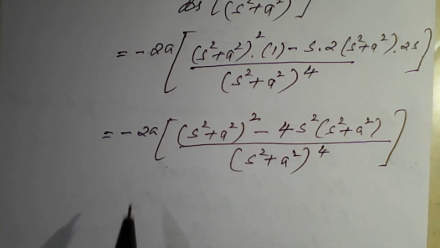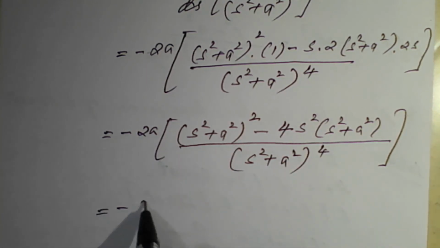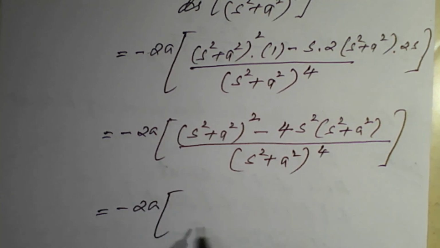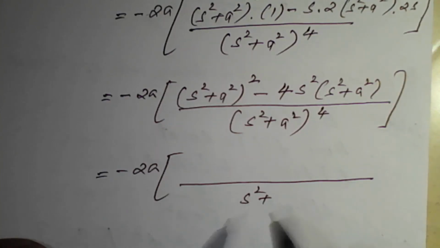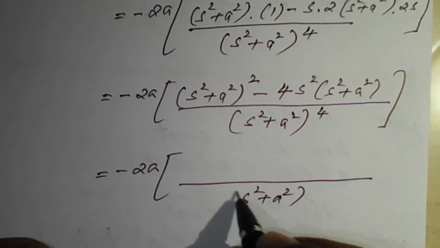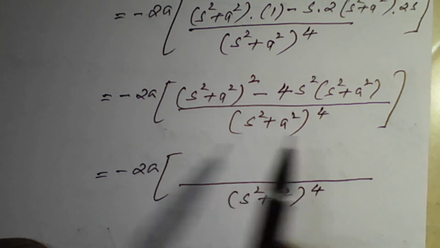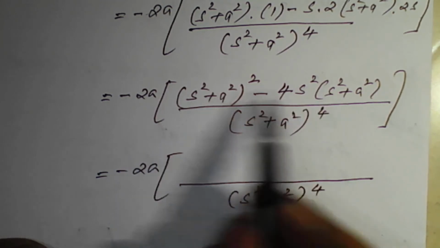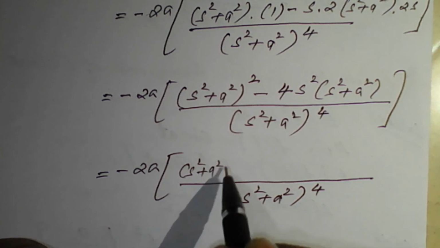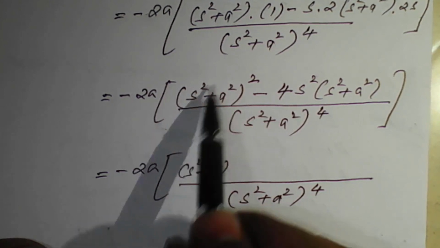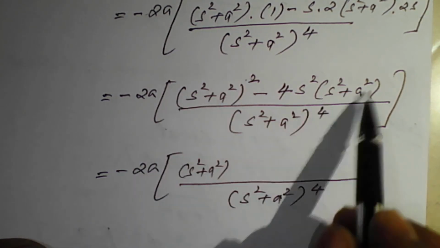In this term which all things are common, I will take it. So here denominator will be as it is, s square plus a square as it is, raised to 4. So among the numerator I will take s square plus a square common, because we have here 2 times, this is 1 times.